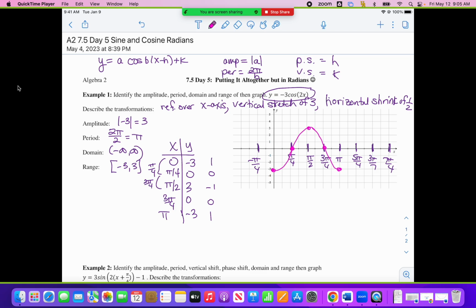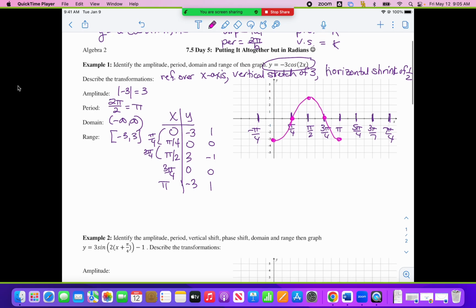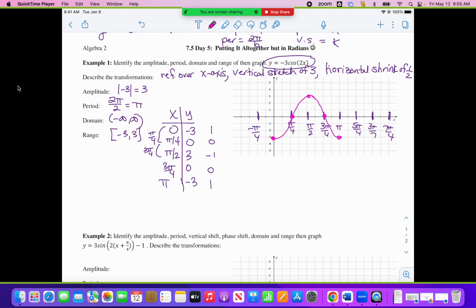I think we're really getting the hang of it. So if I had 1 cycle, that's it. If I had 2 cycles, I would keep going. If I really needed 2 cycles, then I'd make each tick pi over 4, and then I could get it in there. Now, Max, can you see the range is -3 to 3? Yeah. You can see it a little better, and it's okay to wait till you're done graphing.